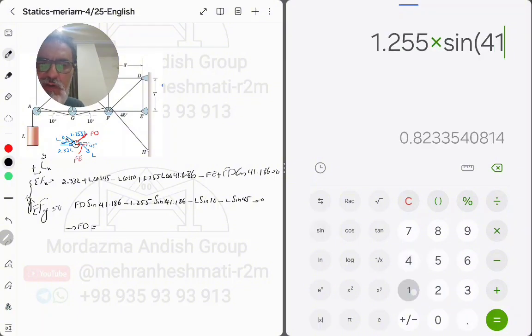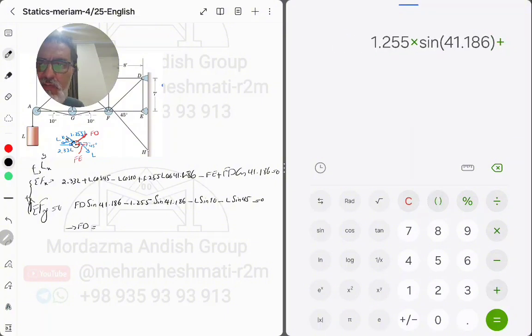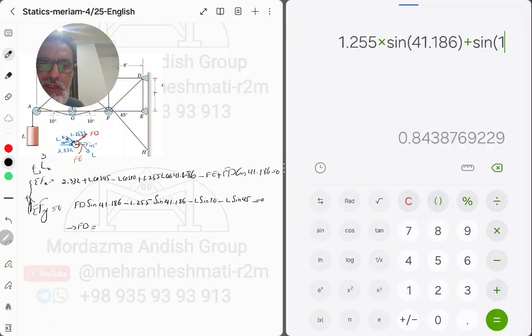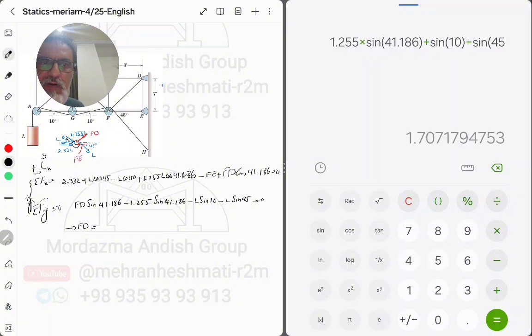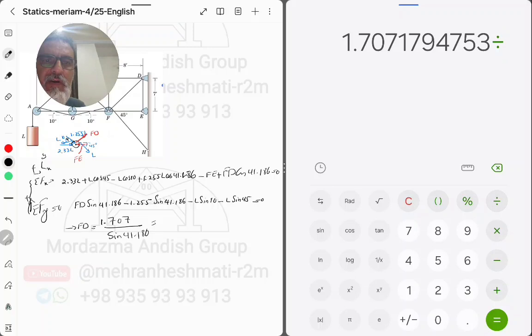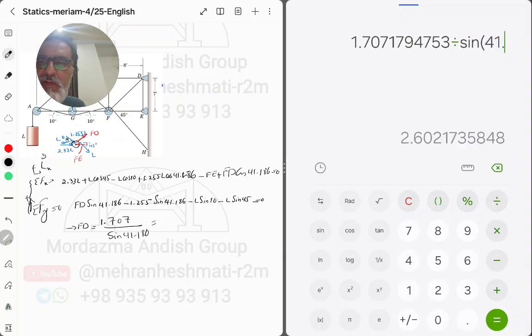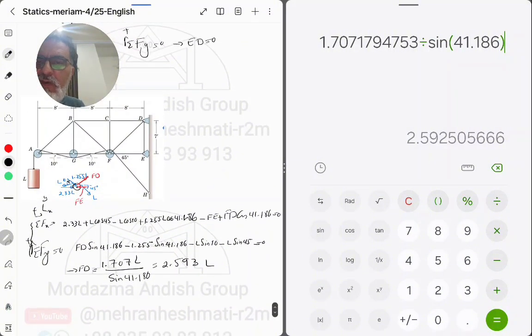FD equals 1.255 sine alpha plus sine 10 plus sine 45, divided by sine of alpha, means 2.59.